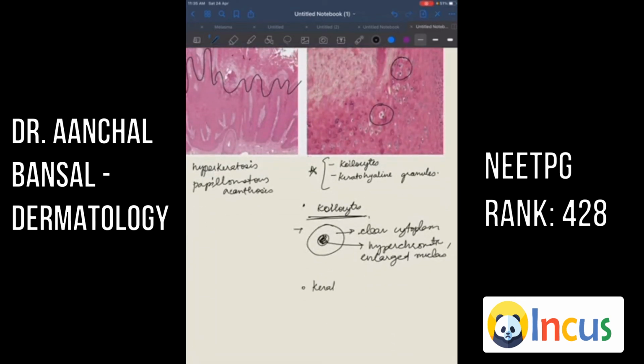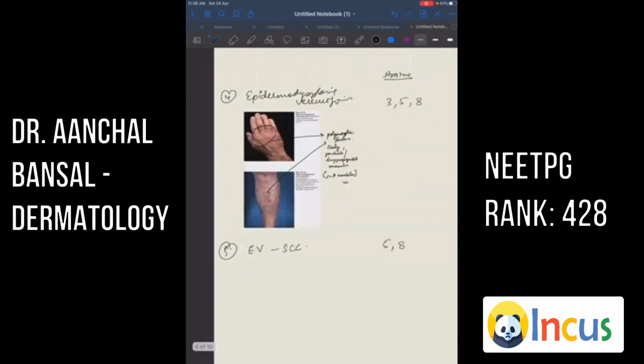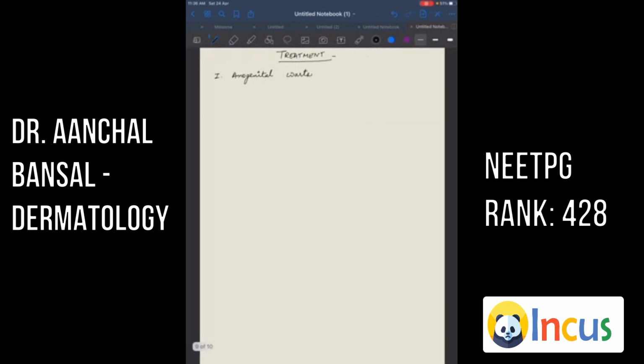Keratohyalin granules are eosinophilic inclusions in the cytoplasm, which represent virus particles, virion particles. So this is histopathology. Then coming to treatment of the warts.